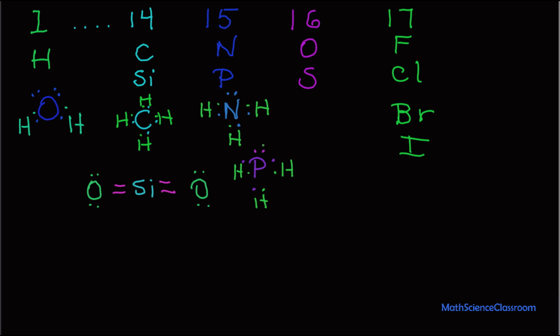Let's look at our group 16. So in group 16, we'll start with CO2. So CO2 would have a central carbon, and the carbon forms double bonds with oxygen.